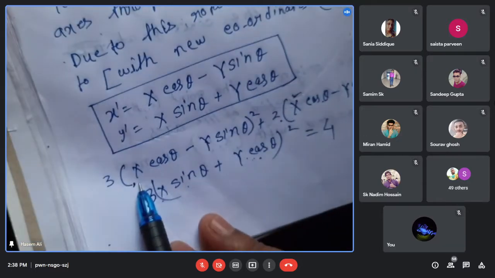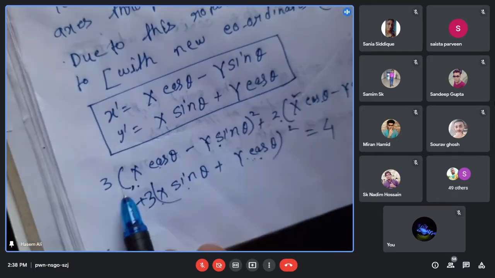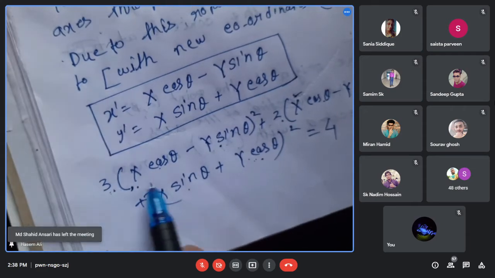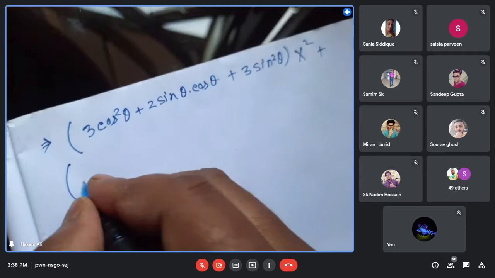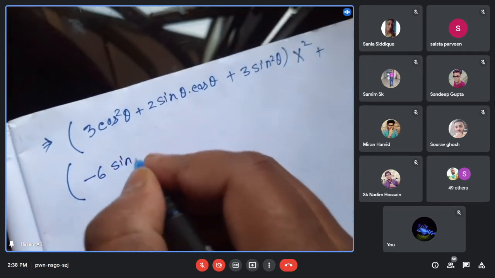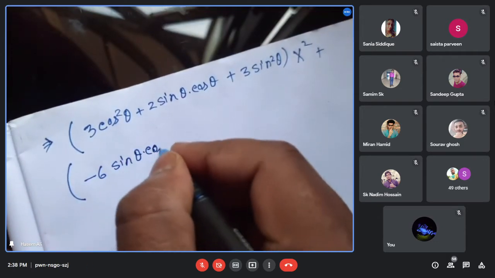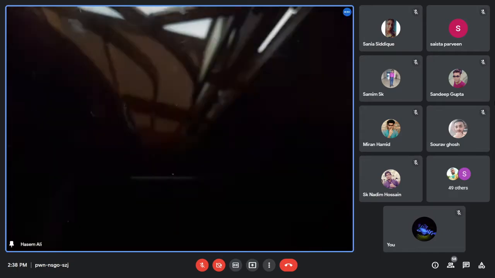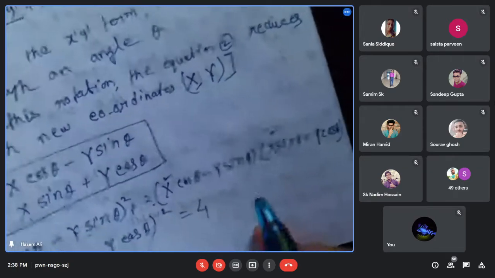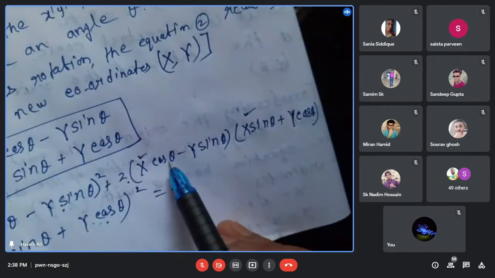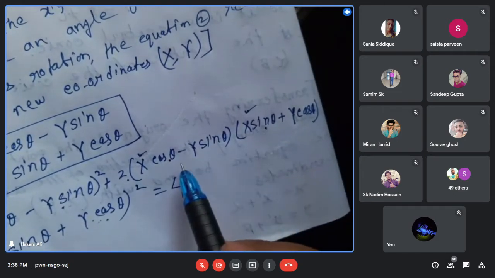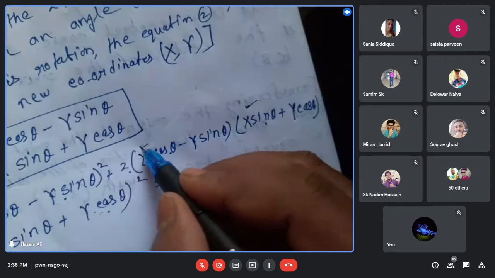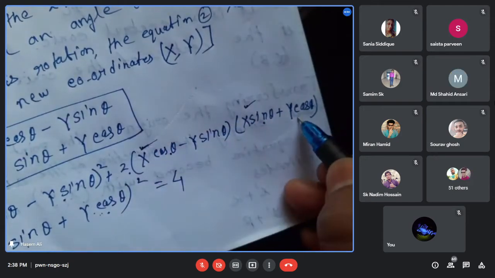From here, 2 sin theta cos theta into 3, that is minus 6 sin theta cos theta. Now from the middle term, we will find the xy. Here is x and this is y.